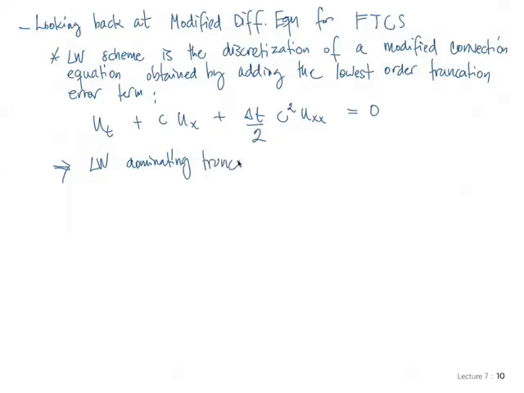The dominating truncation error is proportional to u_xxx.